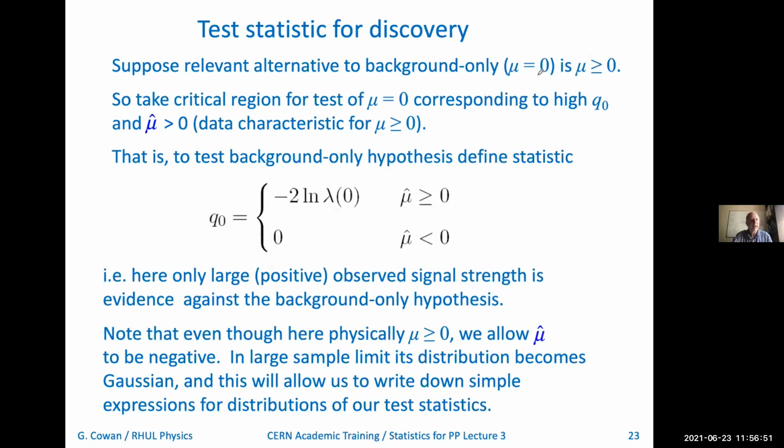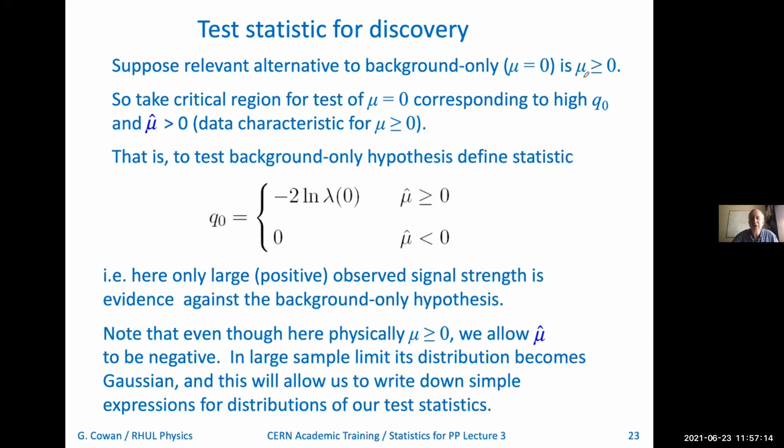You could imagine like a neutrino oscillation experiment where if oscillations were absent, you'd expect a certain number of events. And under the hypothesis that neutrino oscillations are present, you might actually suppress the expected number of events. So you could have a mu that is effectively negative. Let me suppose that that's not what I'm talking about here. I'm talking about a new process that would only add events.